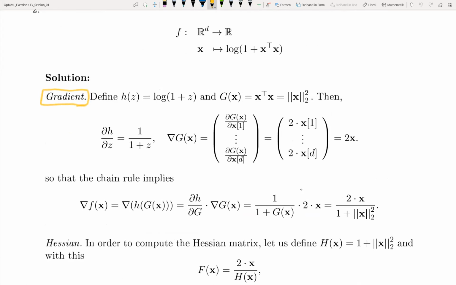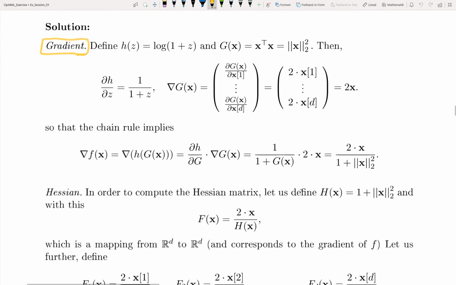You will get the same structure as before. Only one component depends on a specific xi value, and in a squared manner. So the respective derivative will be 2 times the component, which you can again express as 2 times x.